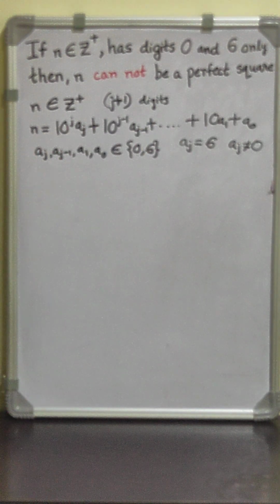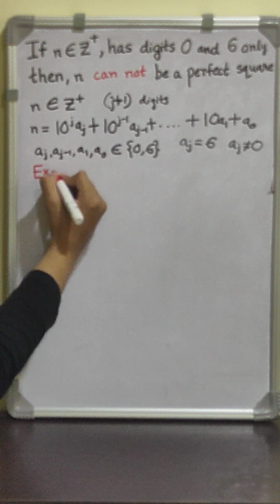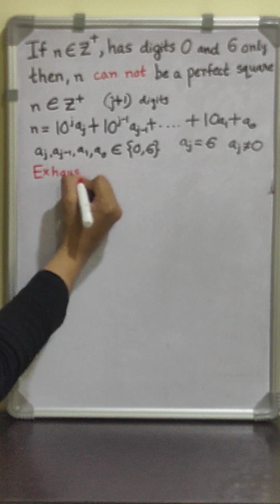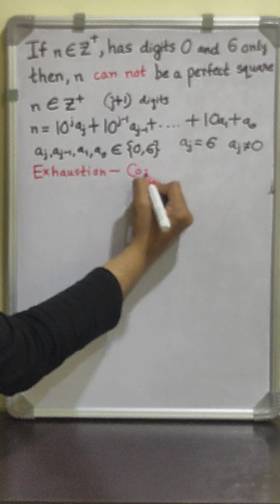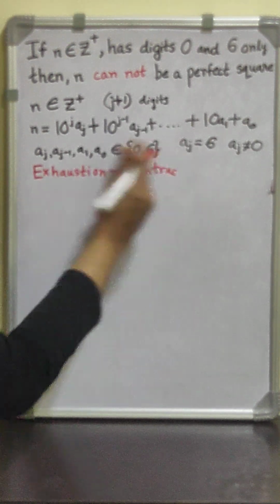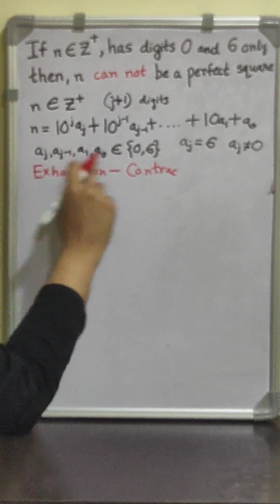To prove this, I'm going to use a pretty important property, and that is exhaustion and contradiction. I'm going to use some assumptions on n, and it's easy to use assumptions when the digits are constrained.